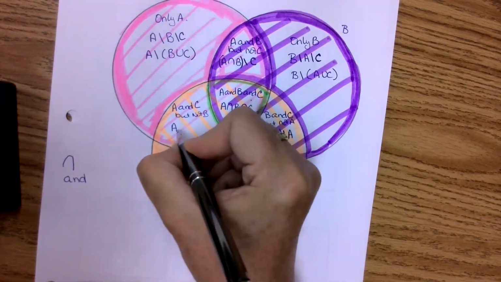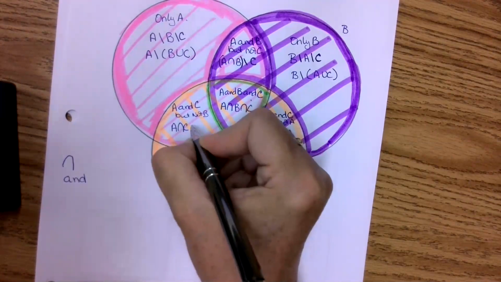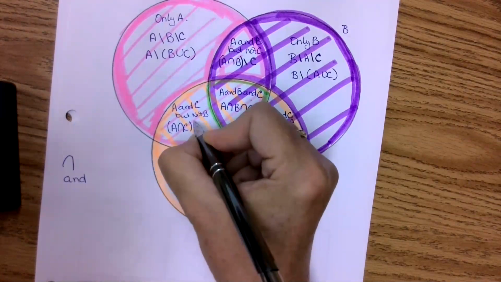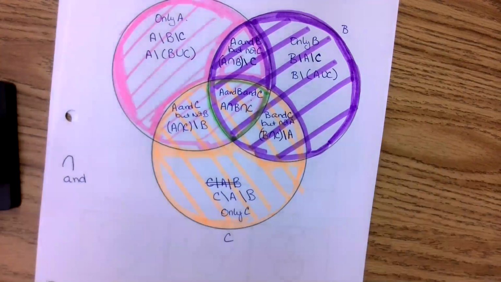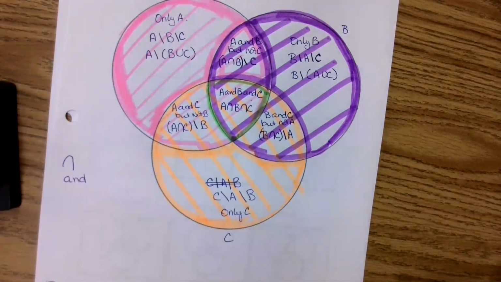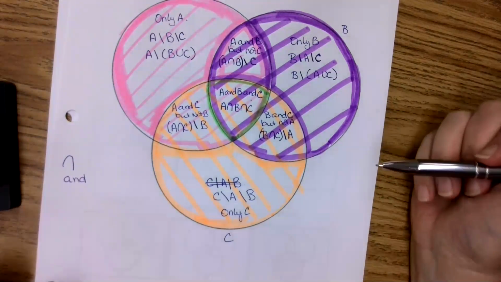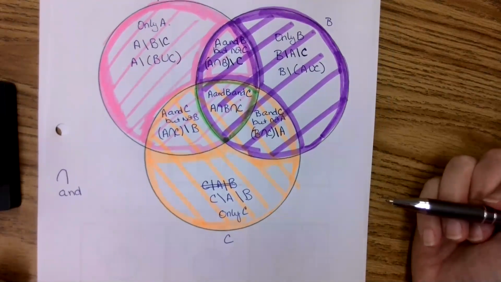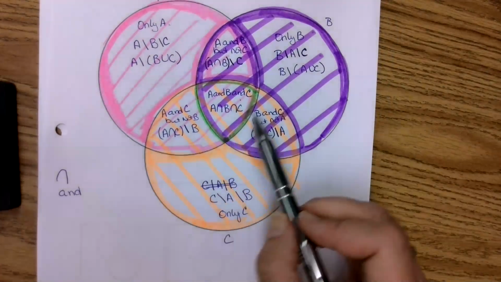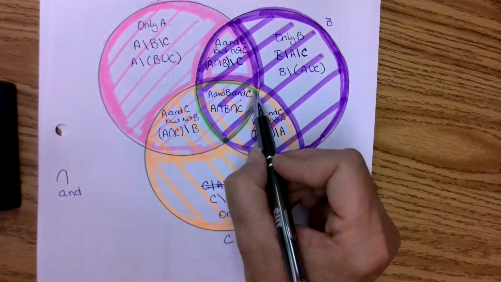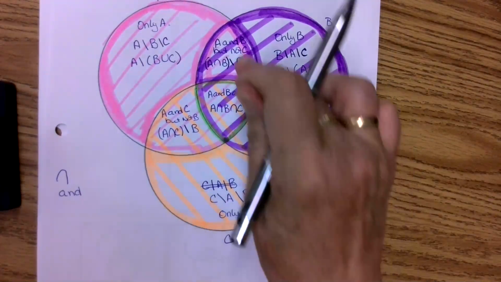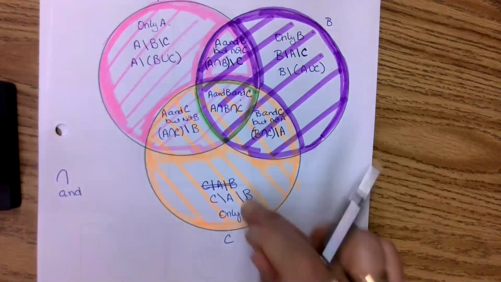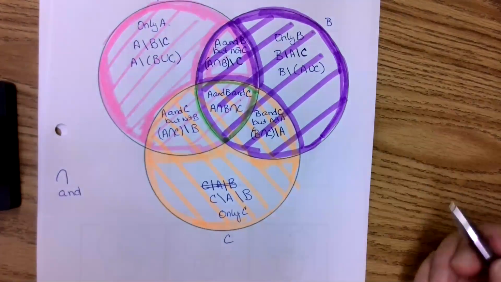So A and C. I'll use my brackets, but not B. So these triple ones are way more fun. Way more interesting, challenging, cool. I don't know, you pick your favorite word. But the key thing to remember is that this has got all three. Each one of these has got two. Each one of those is just one.